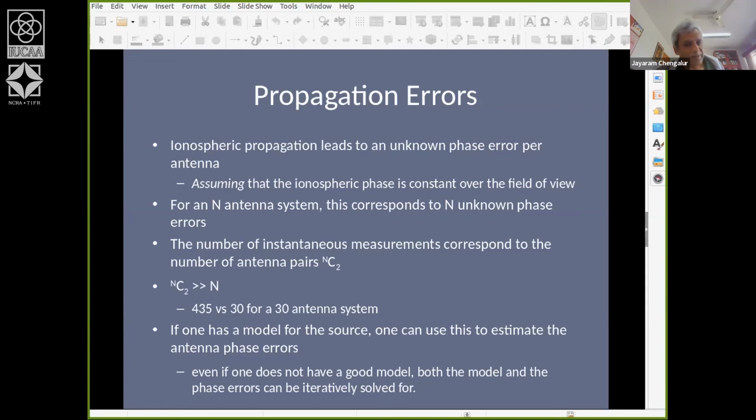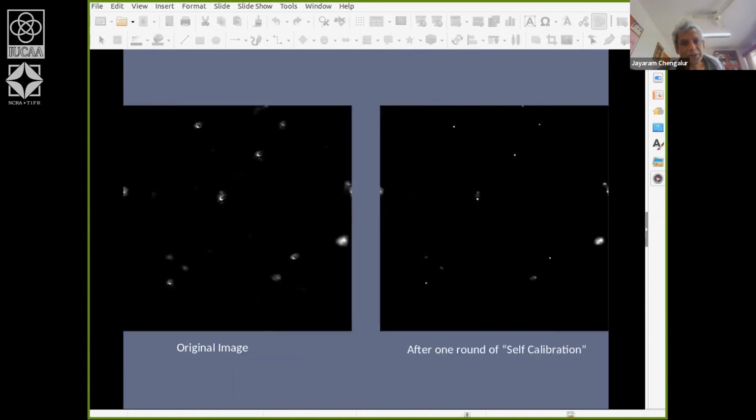Particularly if you have a model for the source, you can use that to estimate the antenna phase errors. Once you've estimated it, you can refine the model of the source, and keep going round and round until you converge onto a solution. Because the problem is so highly over-constrained, you will typically converge to the correct solution. I'm showing you two sets of images made with the GMRT.